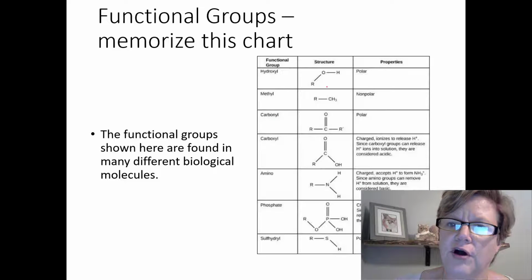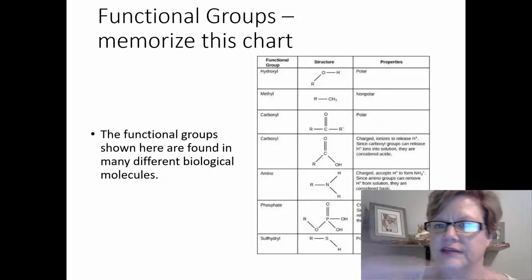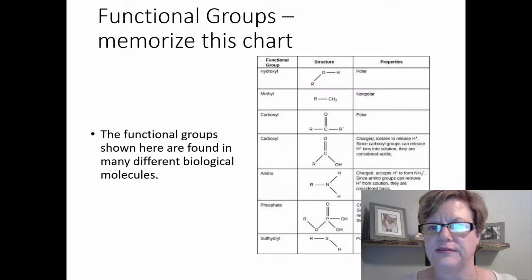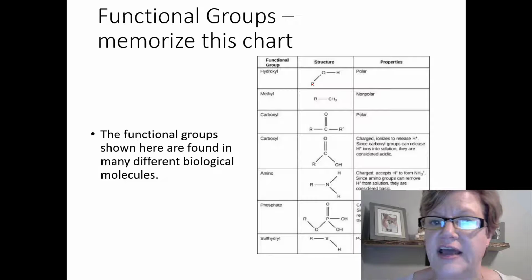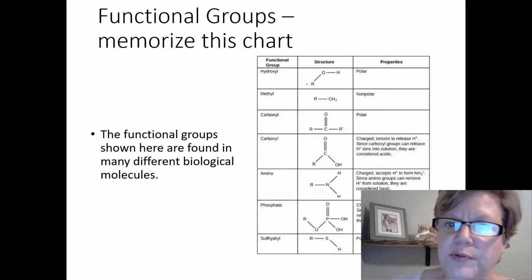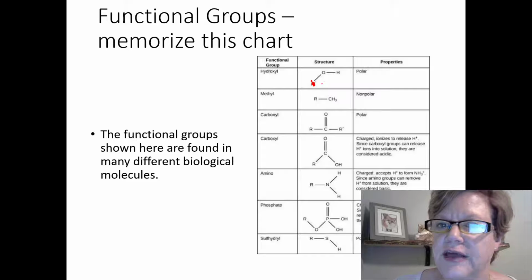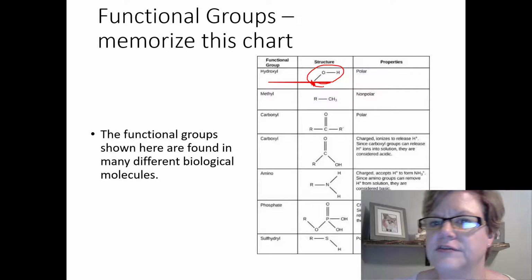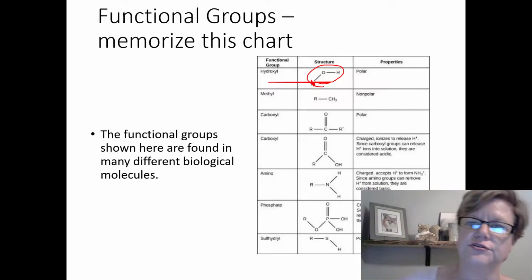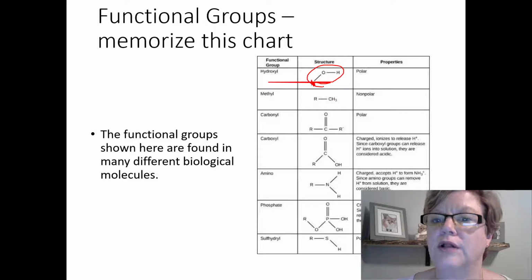Now, the letter R refers to the rest of the molecule, like the hydrocarbon that this functional group is attached to. So you don't need to memorize the R. The R doesn't mean anything. But you have a molecule here in the red, and then it's attached to an O, which is attached to an H. That unit is called the hydroxyl group, and it is attached to a larger molecule.